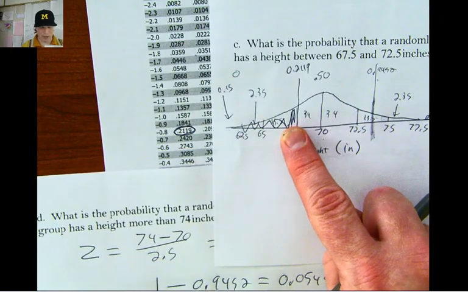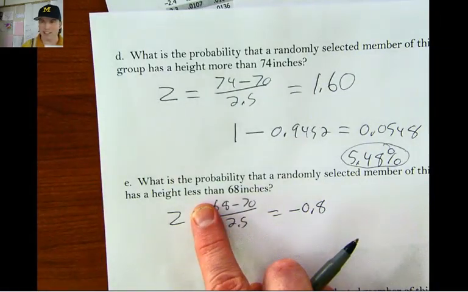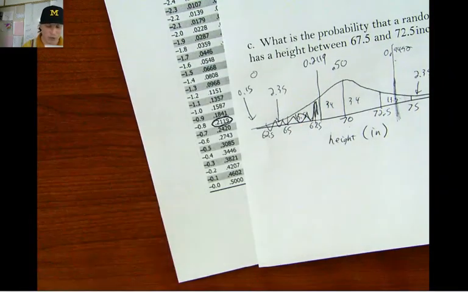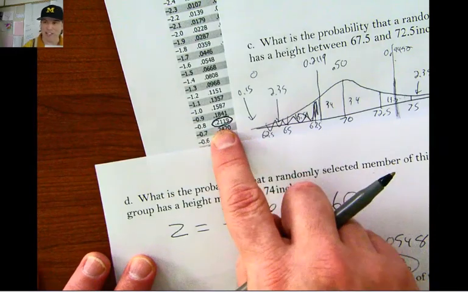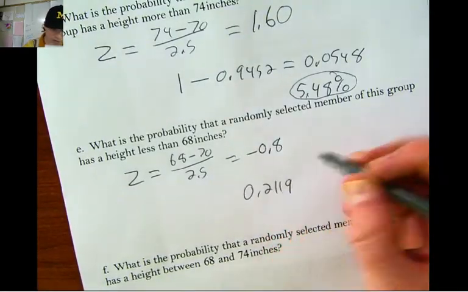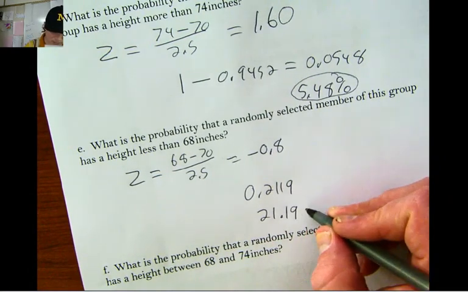And in this particular problem, I do want the heights less than 68 inches, so that's exactly what I want. So I don't do the 1 minus thing, I go with the exact one, which is 0.2119 if you're answering decimal, or 21.19%.